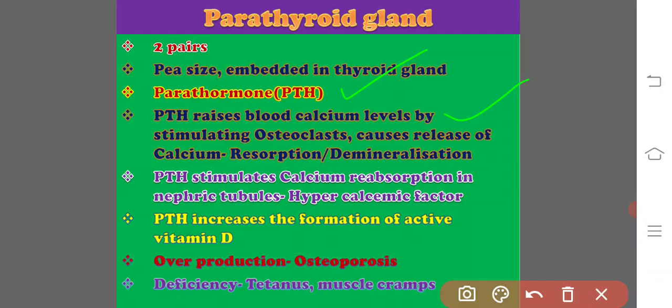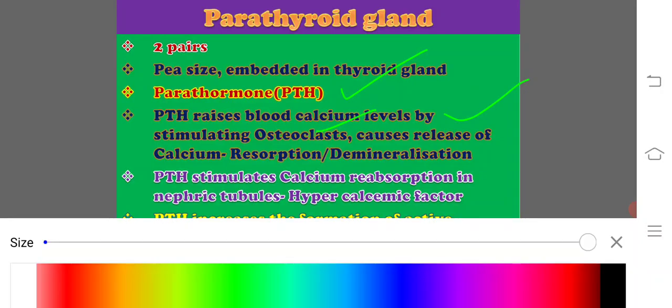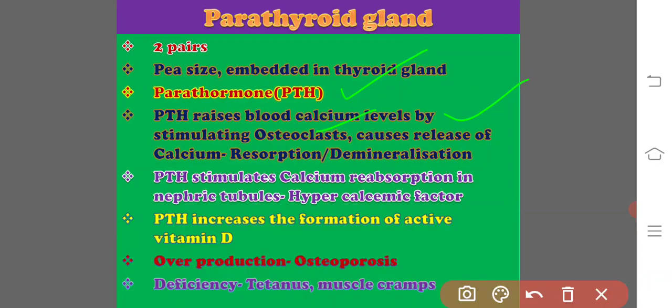Then PTH, that is parathormone, stimulates the activity in bone dissolving cells, which are called osteoclast cells. The osteoclast cells cause the release of calcium into the blood.